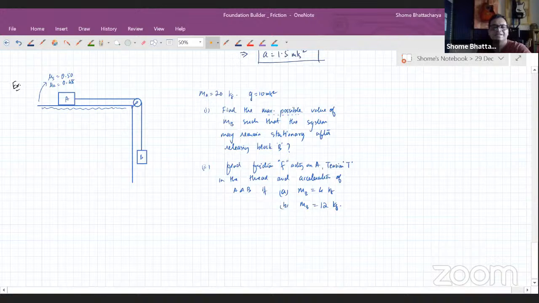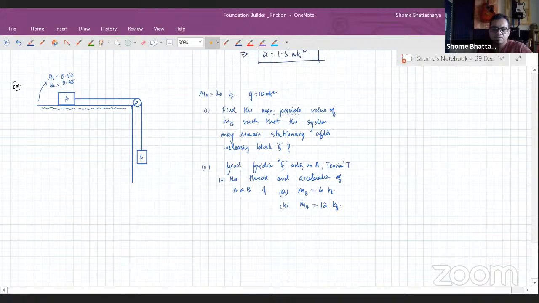So the block A will have a tendency of slipping towards the right, but it may or may not slip depending on how much tension the string has, because we have friction available to us in the surface. If the tension is more than a certain limit, then friction cannot prevent the slipping. Whereas if it's less than a certain limit, then the friction will be able to prevent slipping from occurring. That's what this question is about.